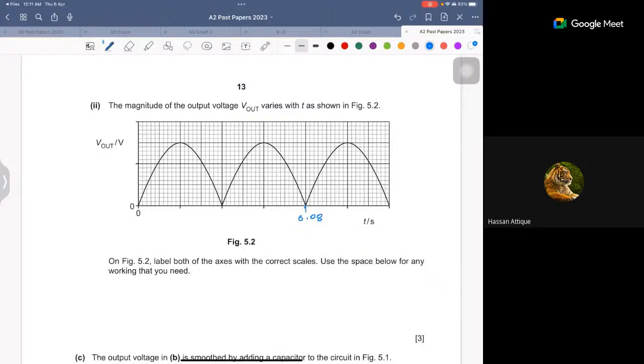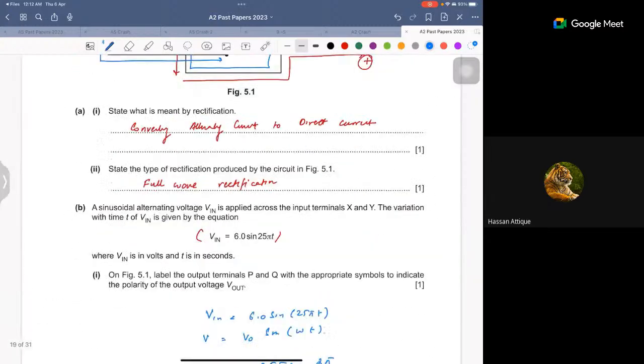So that means if this is 0.08, this will be 0.04, this will be 0.02, 0.06, this will be 0.10, and this will be 0.12. You guys get it? Yes, sir. And also, you need to make sure that the peak here is the maximum voltage, which is 6.0.